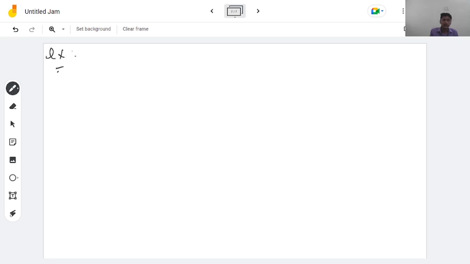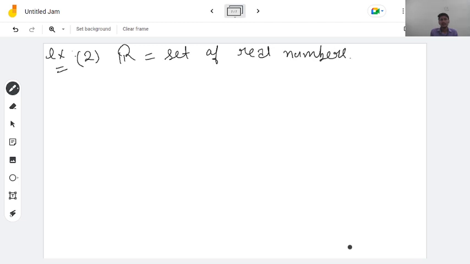Now let's see example number 2. Here let R be the set of real numbers and C be the collection of singleton sets.